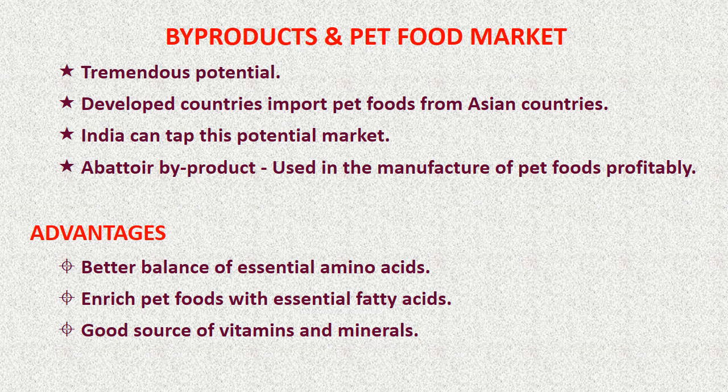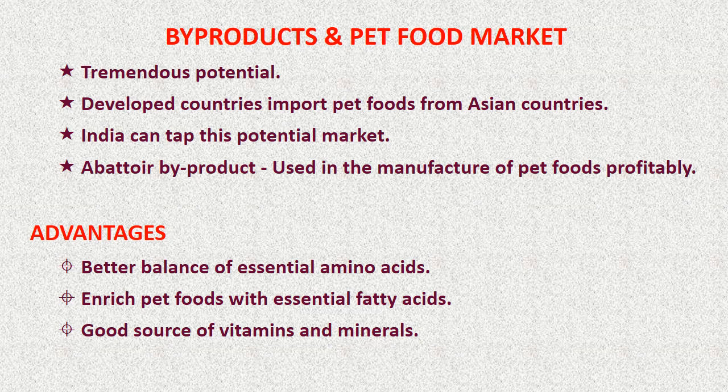So for India, there is a potential market for pet foods to export. Therefore, animal byproducts, which are comparatively cheaper, can be used for manufacture of different kinds of pet foods profitably, and that will give a potential income by export.